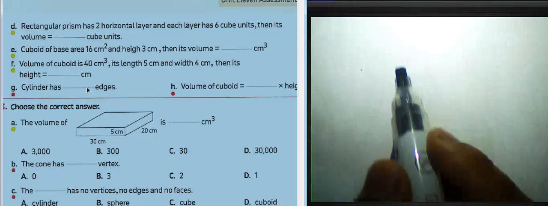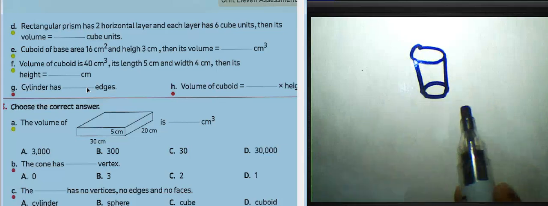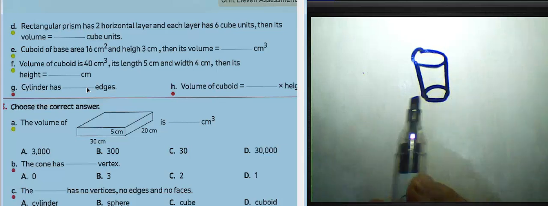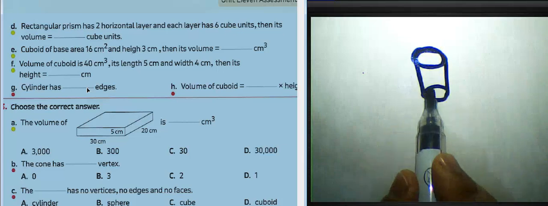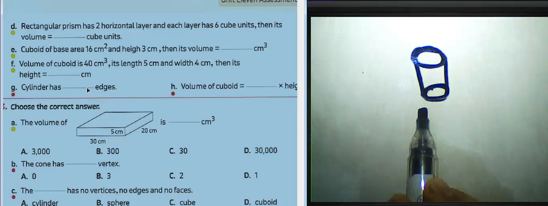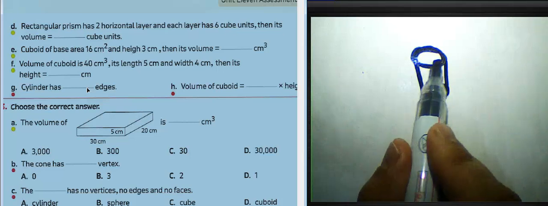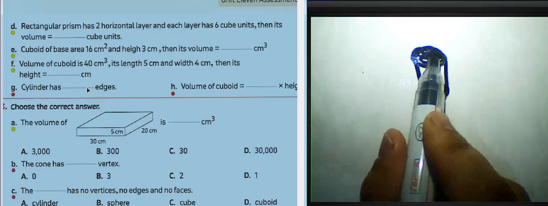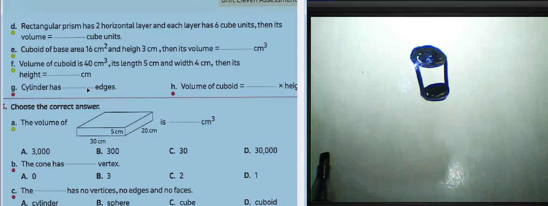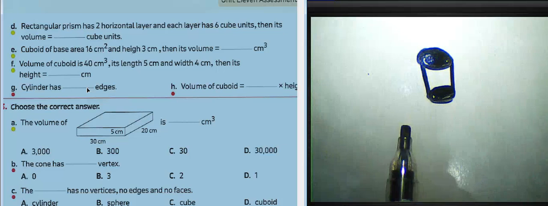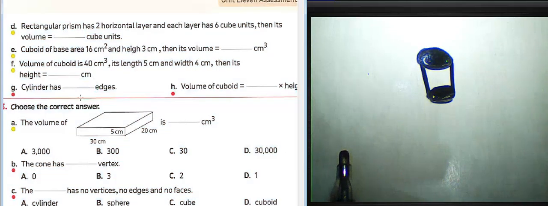This cylinder doesn't have any edges or vertices, but it has 2 congruent bases. The base is a circle, so 2 congruent circles. A cylinder has 0 edges. Write 0 in this space.